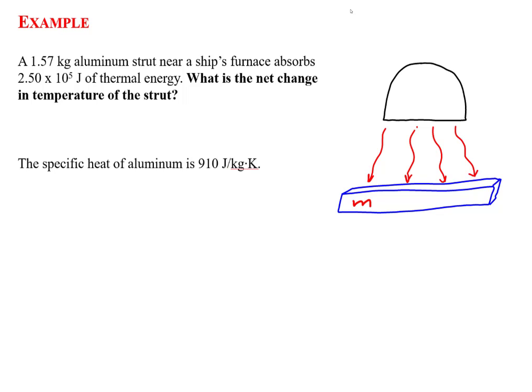The strut has mass m, and that mass is equal to 1.57 kilograms. The amount of thermal energy absorbed by the strut is 2.50 times 10 to the fifth joules.